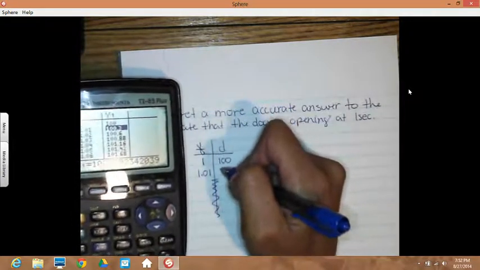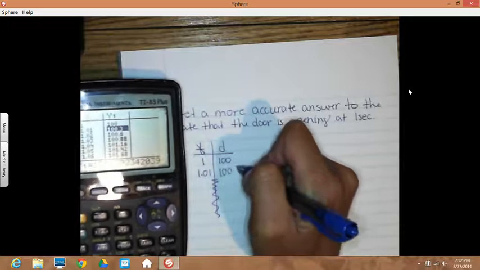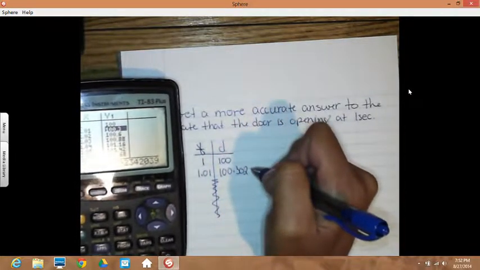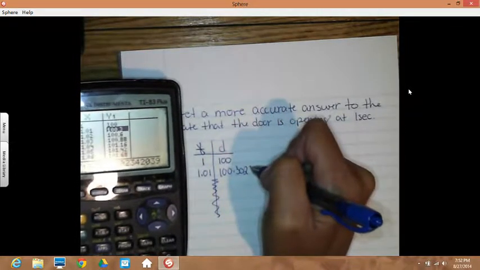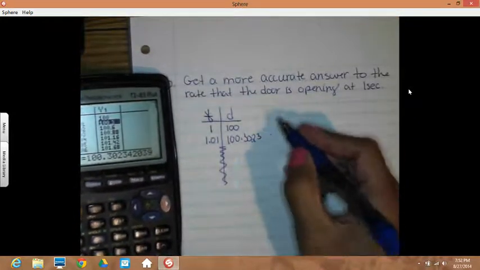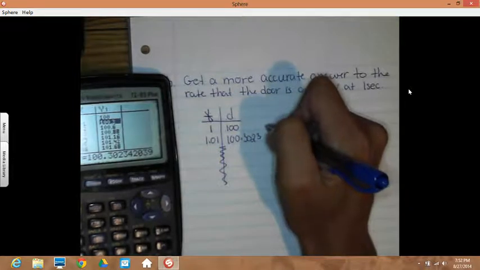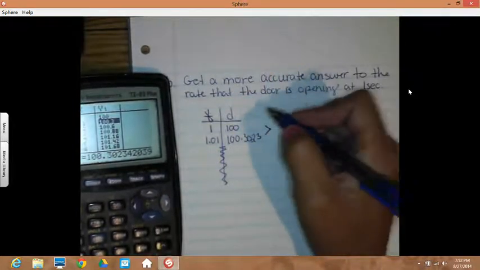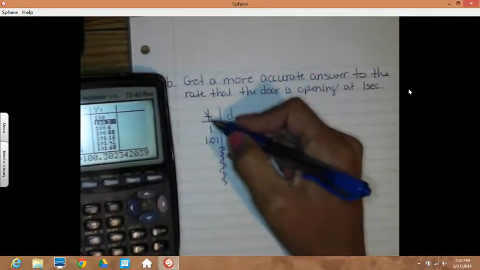So I've got 100.3023. And if I want to estimate the rate of change here, or how fast the door is going, I need to take the change in the degree over the change in time, so I get degrees per second.